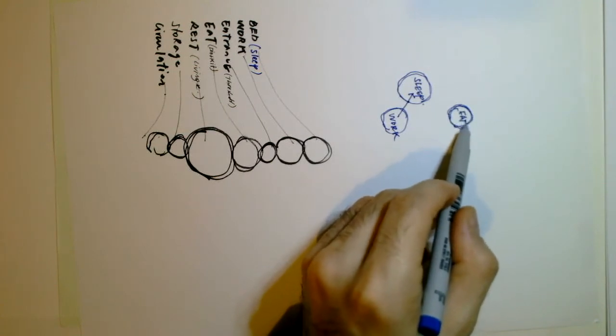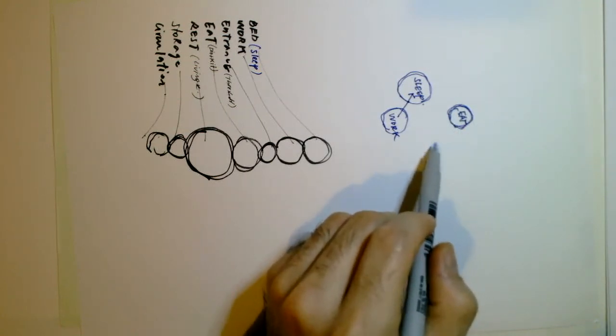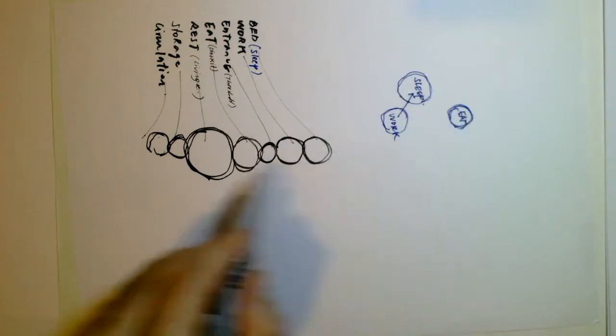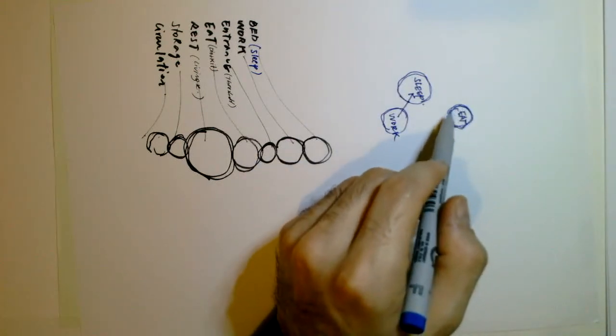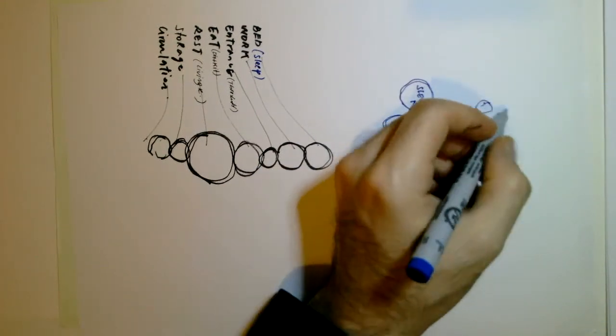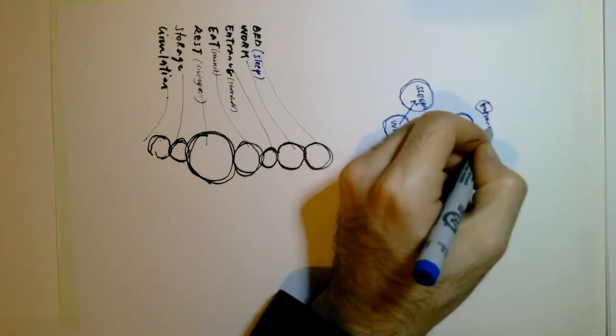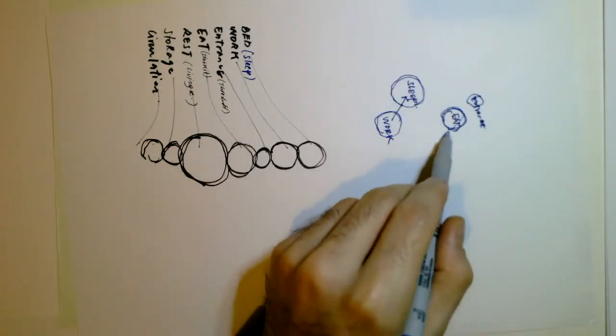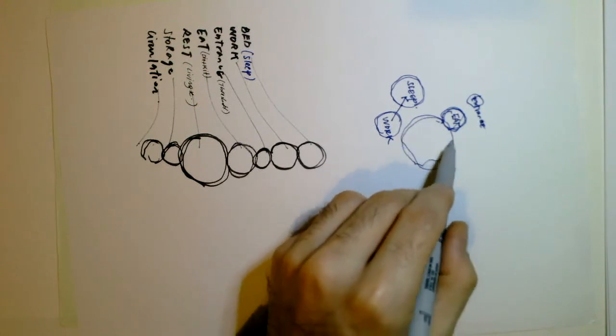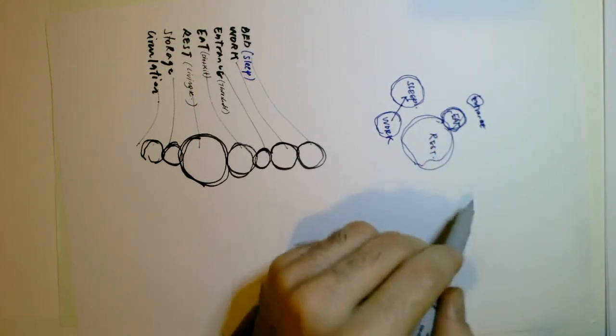Don't worry about the dimensions or the size of these circles for now, but relatively keeping it to the dimensions that we have got in the brief. Maybe the entrance there, so we call that entrance. And the biggest space was the living room or the place to rest, so let's call that rest, or you can call it living.